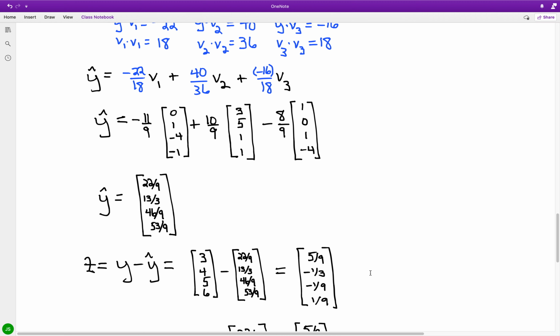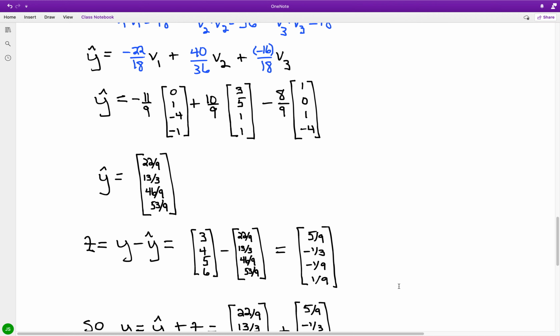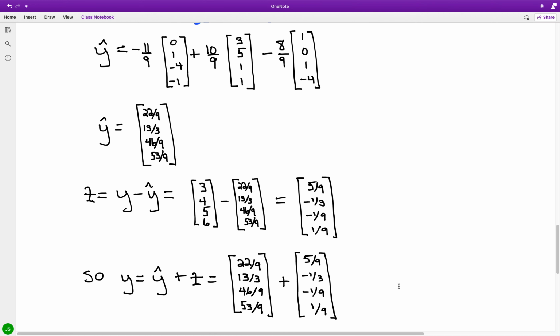Looking at the difference, we have 5 ninths, negative 1/3, negative 1 ninth, and 1 ninth. So for the sum, breaking up y, you have the projection of y and an orthogonal vector z. Those are the two vectors in this case.